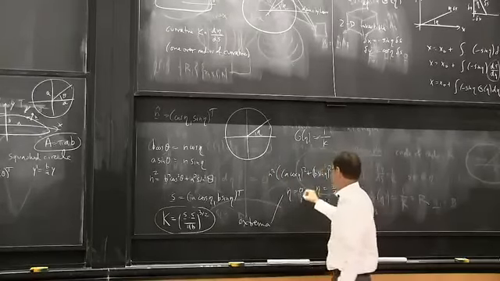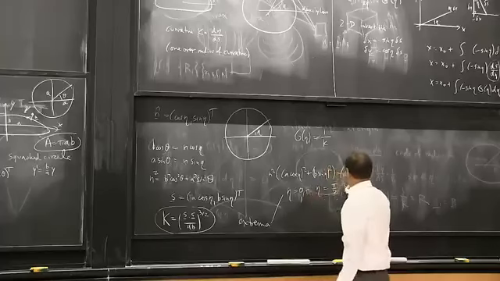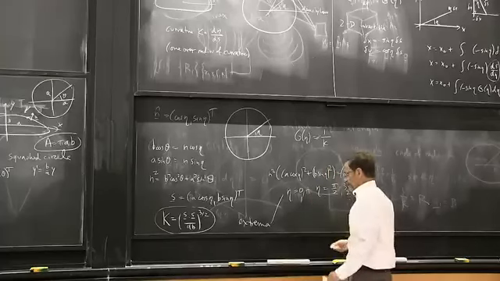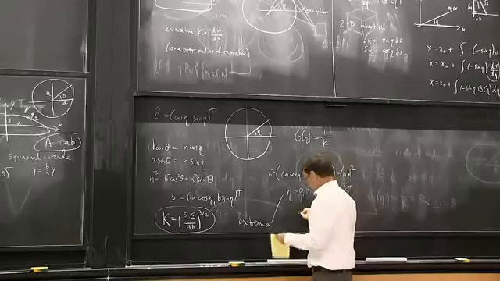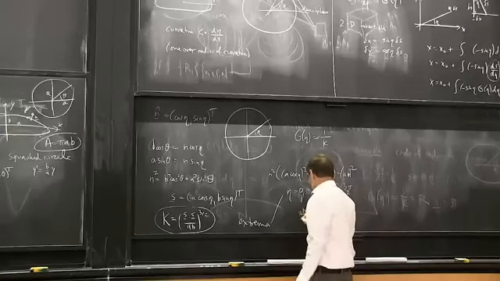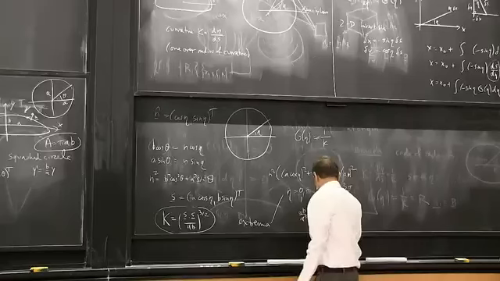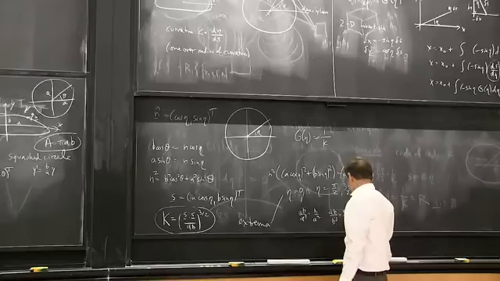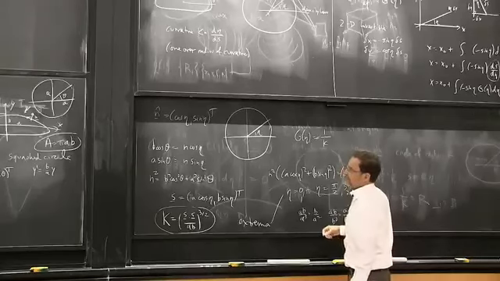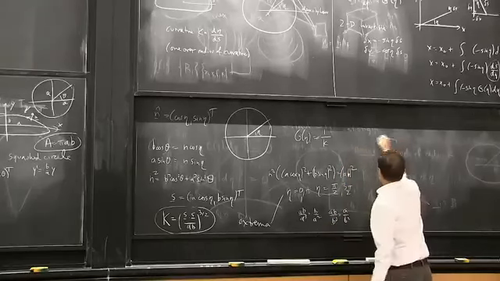Well, or 0 and pi is the same thing. And pi over 2 and 3 pi over 2. And in that case, we end up with AB over A cubed, which is B over A squared, and AB over B cubed, which is A over B squared. So I'll draw that ellipse again.